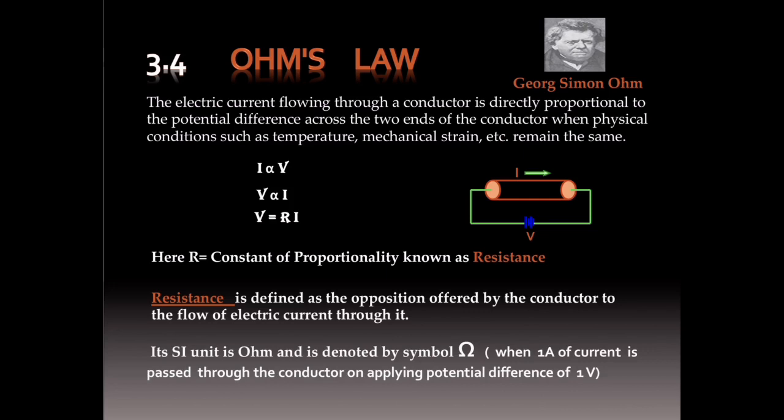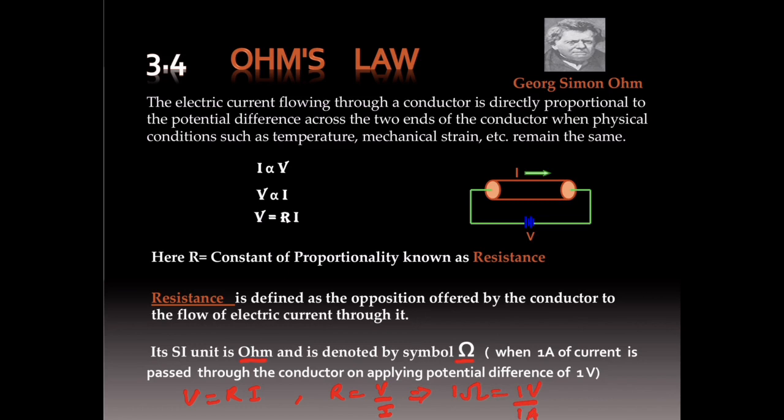Its SI unit is ohm and its symbol is omega. Now we can define 1 ohm by the relation V is equal to R into I. So R is equal to V upon I, and 1 ohm is equal to 1 volt by 1 ampere.